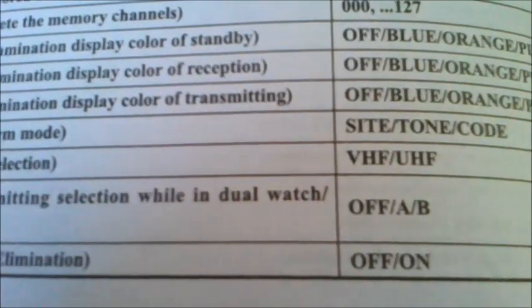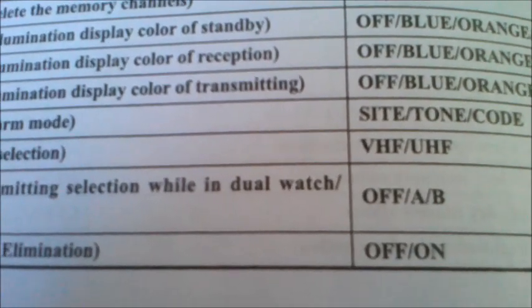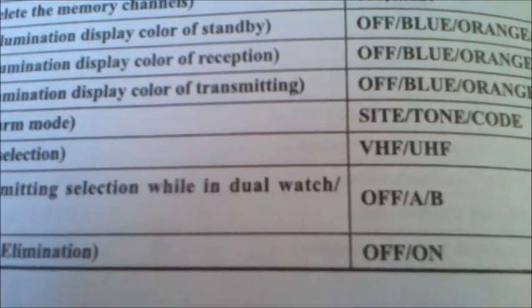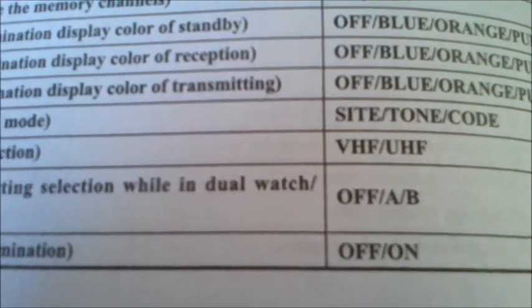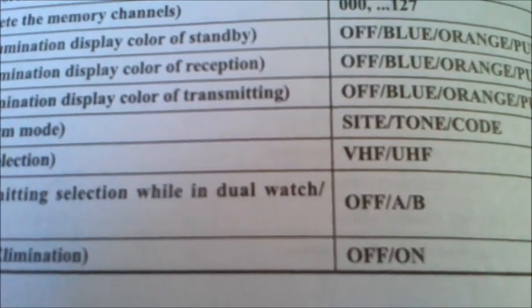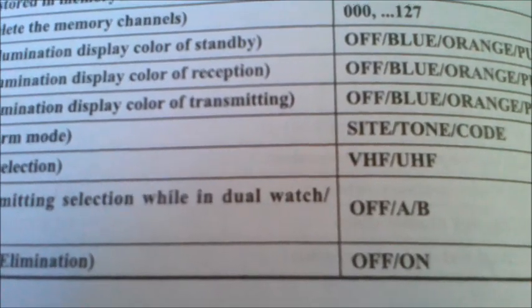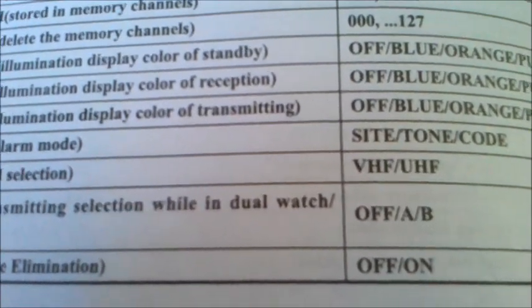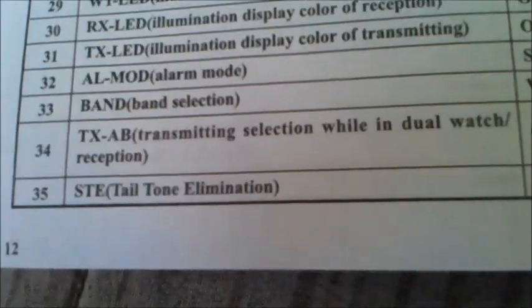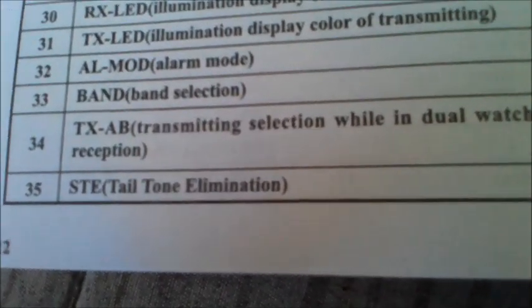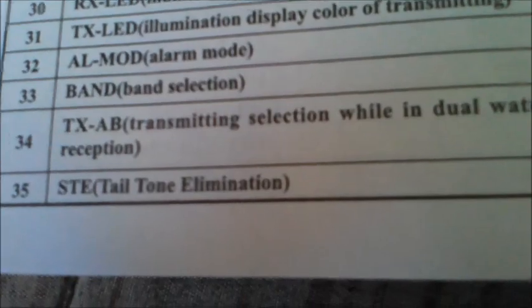Band selection is the UHF VHF if you're in frequency mode. This is a dual frequency transmitter receiver, which means we use VHF and UHF, and of course it does have the ability to receive FM radio as well. We'll show you that in a second.